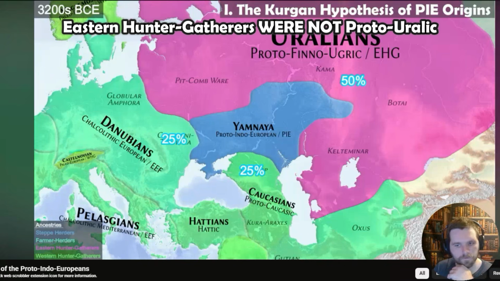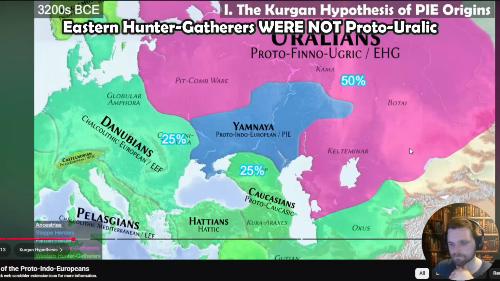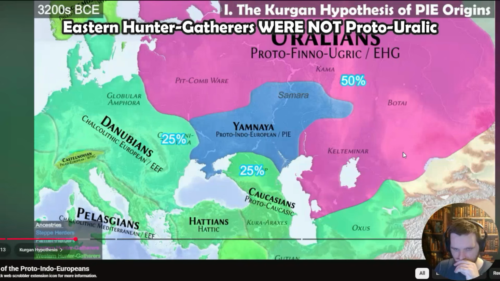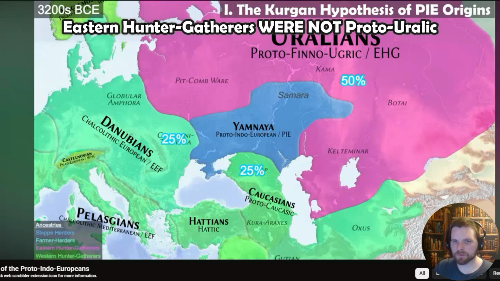corresponding with the Proto-Finno-Ugric peoples, ancestral to modern Finns and Hungarians. And this is the second major blunder. In fact, I would consider it more major of a blunder than with the Caucasians. It's true that Eastern hunter-gatherers are 50% of Proto-Indo-European ancestry.